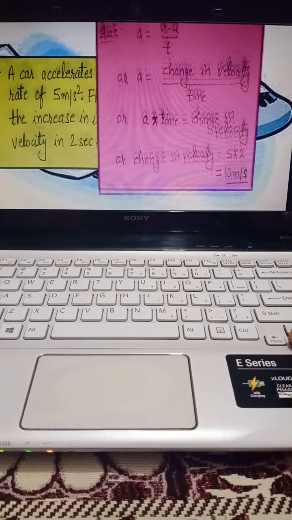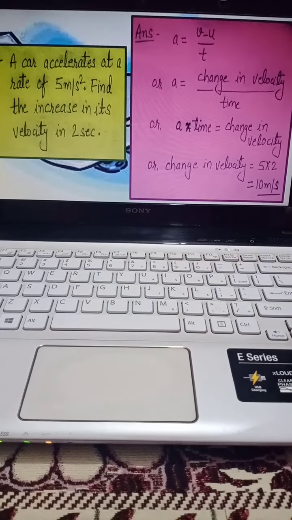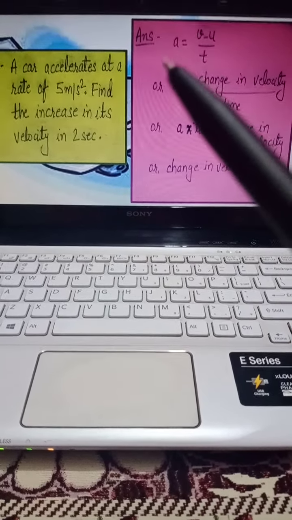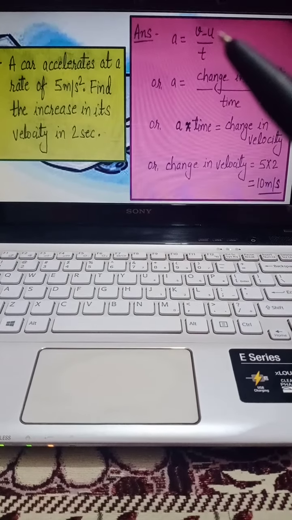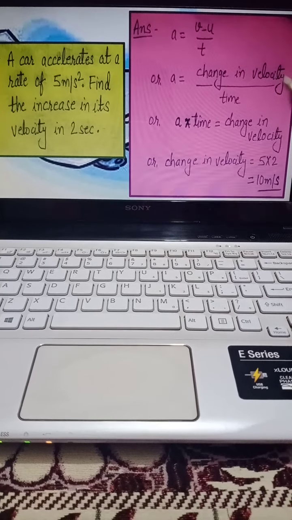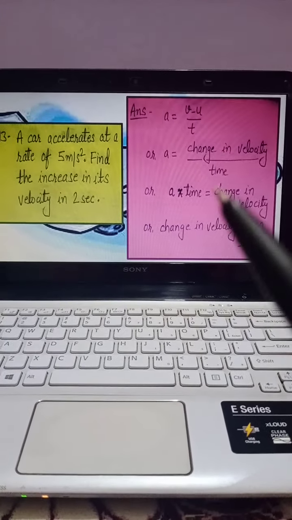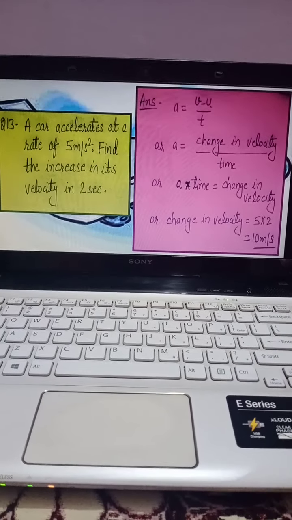Then in the next numerical we again found out change in velocity with the help of the formula a is equal to v minus u by t. So v minus u is also called change in velocity. So in this numerical we have learned how to find change in velocity.